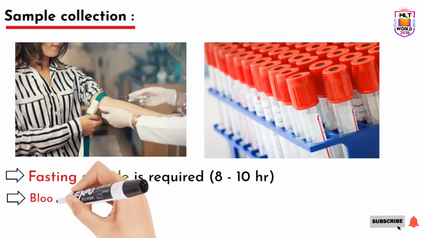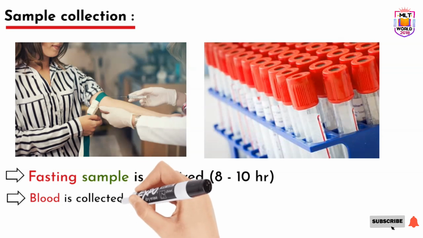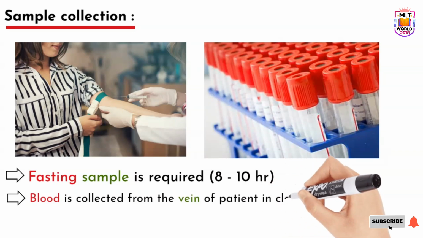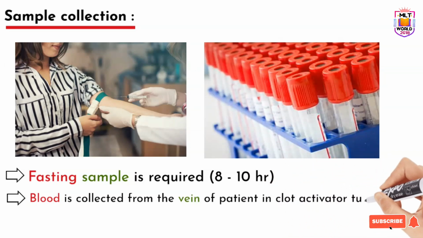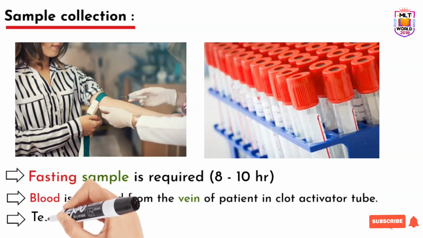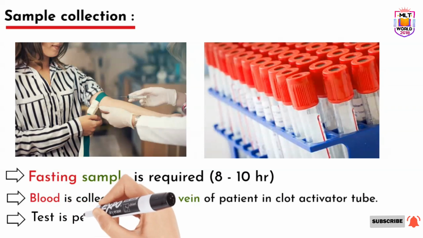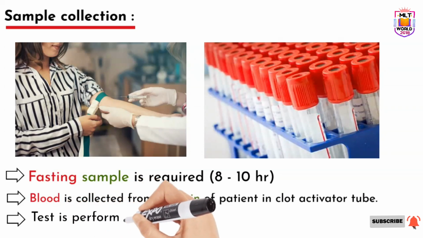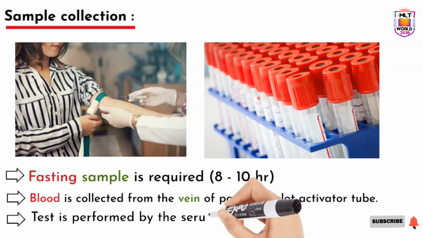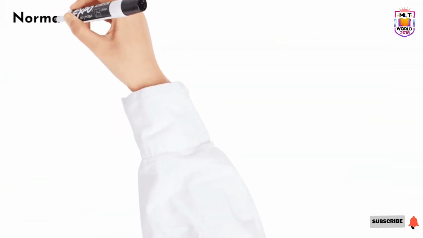Either you will find a red cap tube or yellow cap. Yellow will be gel activator and this is clot activator. Both are the same purpose, but we need serum. That's why we collect blood in the clot activator tube. After that we centrifuge the tube in the lab, and from the serum we perform the C peptide test. Now we will see the results.